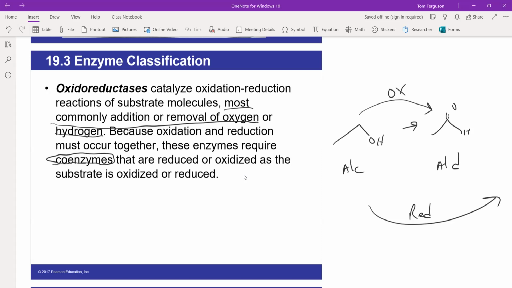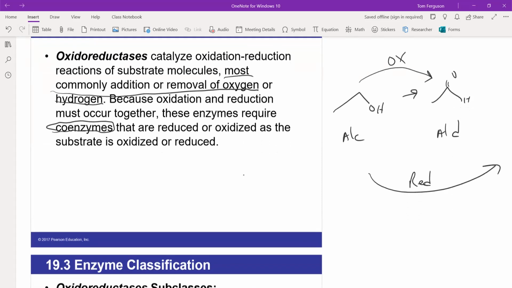There are 4 reduction coenzymes that are frequently used. I'm going to talk about these next time we talk about carbohydrate metabolism. And the most common one is this guy and that guy. And that's a positive charge.